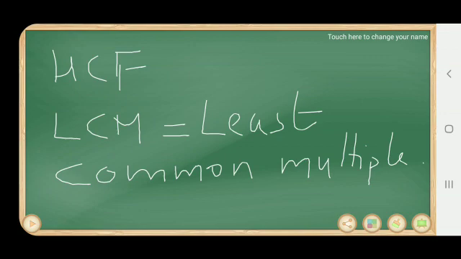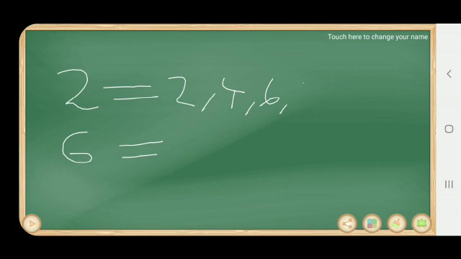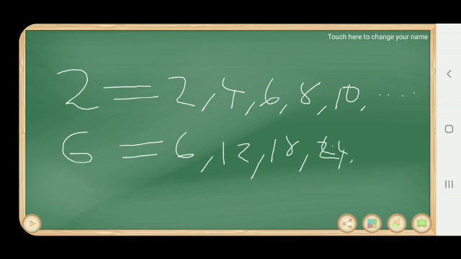That is very easy. Instead of writing factors, here you write the multiples. For example, 2 and 6. What are the multiples of 2? Etc. What are the multiples of 6? Etc. Least common multiple.